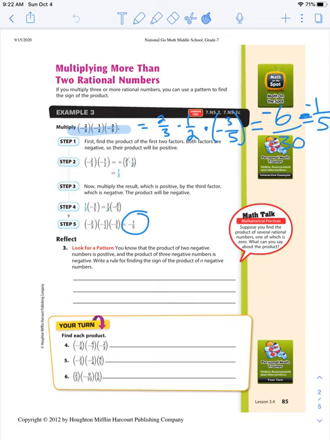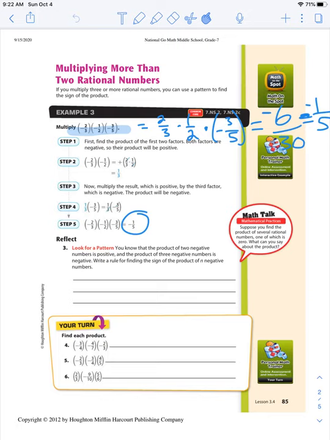So let's reflect on this. Look for a pattern. You know the product of 2 negative numbers is positive. The product of 3 negative numbers is negative. So if I have 4 negative numbers multiplying, what do you think the product's going to be? Well, 2 and 2 would cancel out, so the product of 4 negative numbers would be positive. The product of 5 negative numbers would be negative.